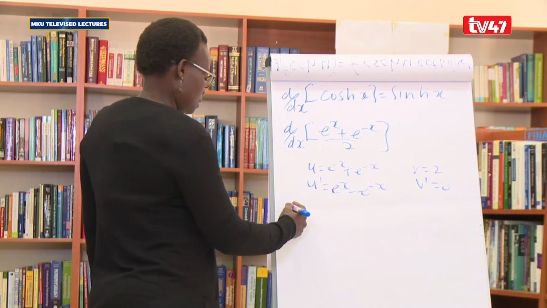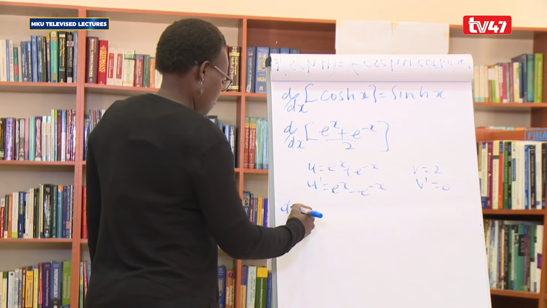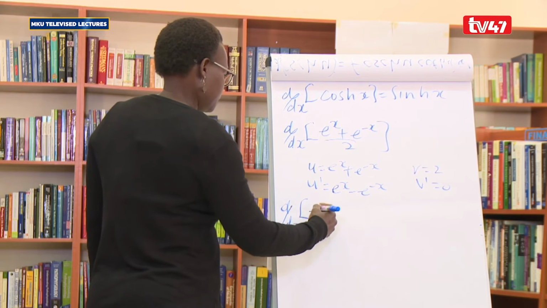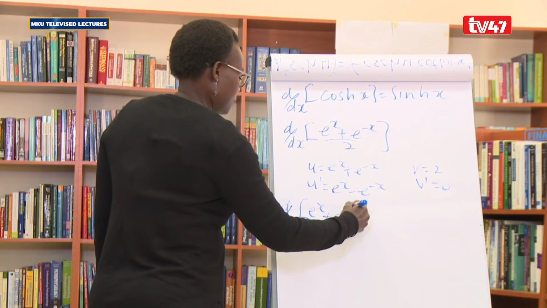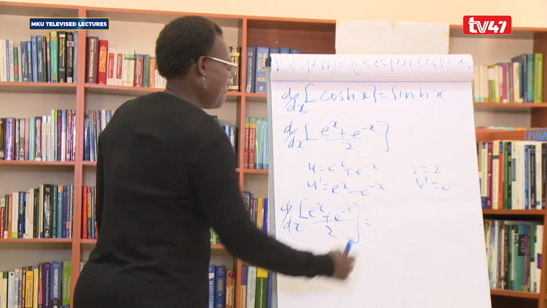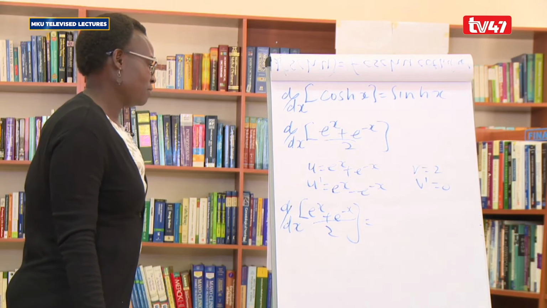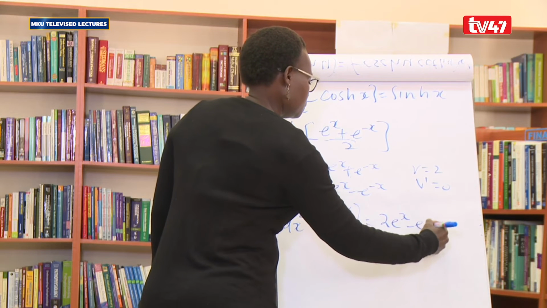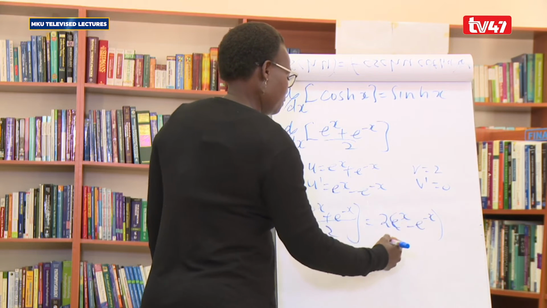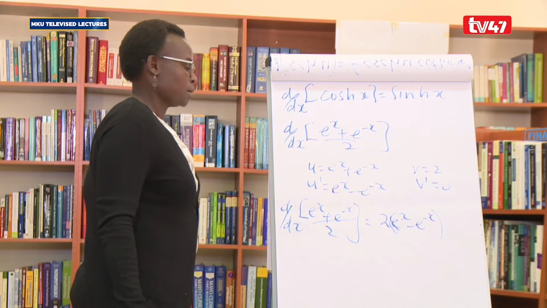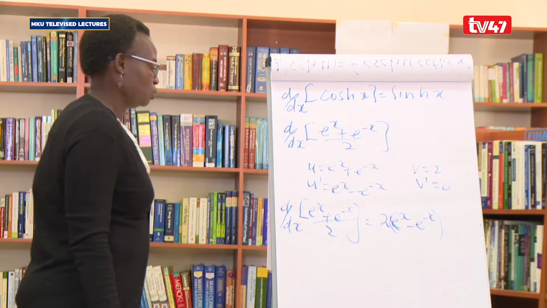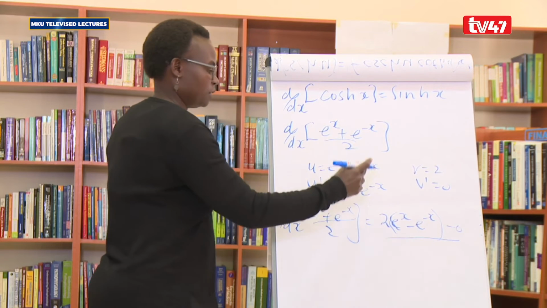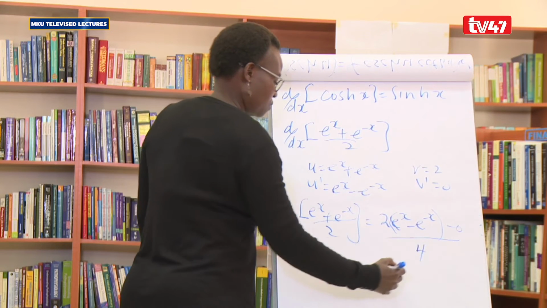So then our derivative is going to be u bar v, so that would give us 2 times the difference, so that is u bar v, sorry, and then minus v bar u, so v bar u is going to be 0, so that's minus 0, over v squared, v is 2, so that would give us 4.